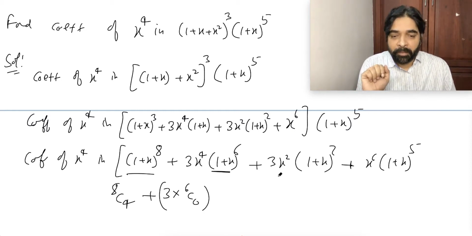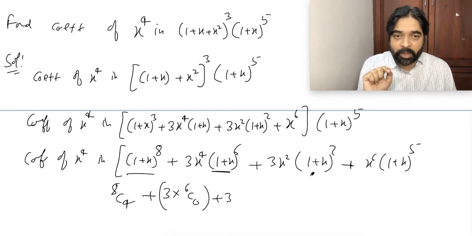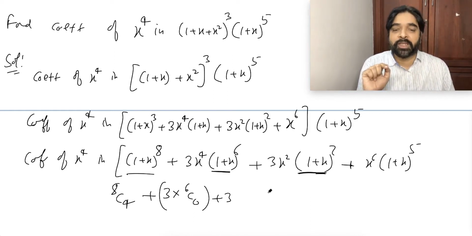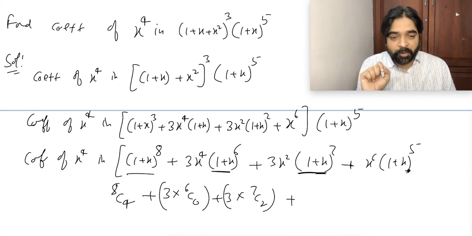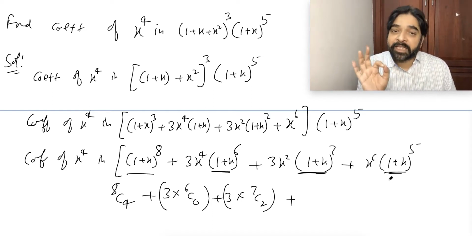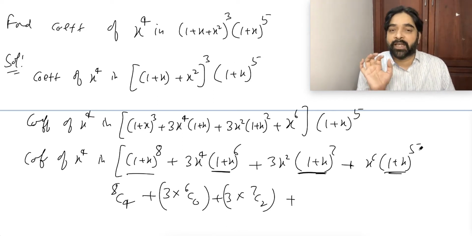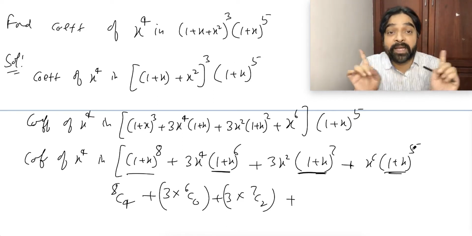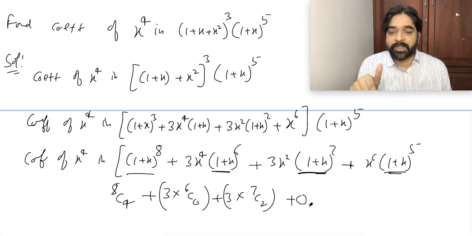Yes or no? Plus 3 into the coefficient of x power 4 in total, which is the coefficient of x power 2 in this, 3 into 7C2, plus the coefficient of x power 4 in this, which means the coefficient of x power minus 2, impossible. Any expansion, whether power is a positive integer, or a fraction, or negative, never gives you x power negative. So here 0, and this is your answer.